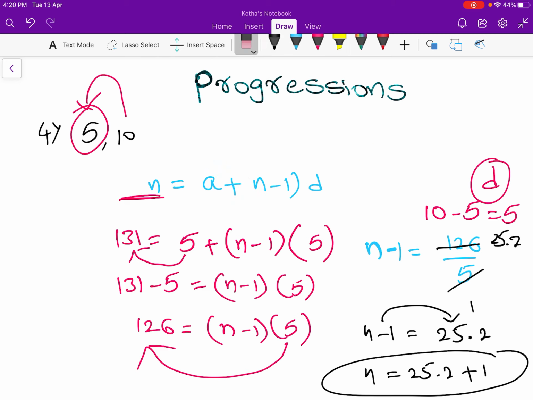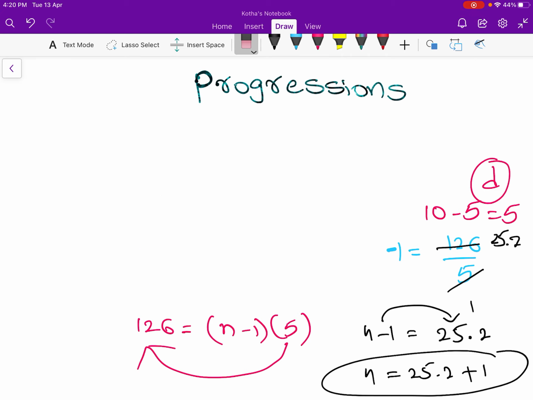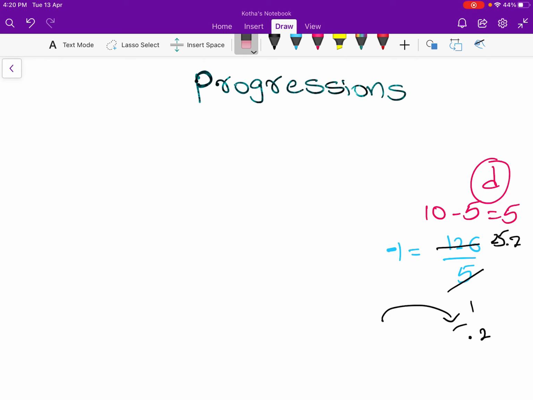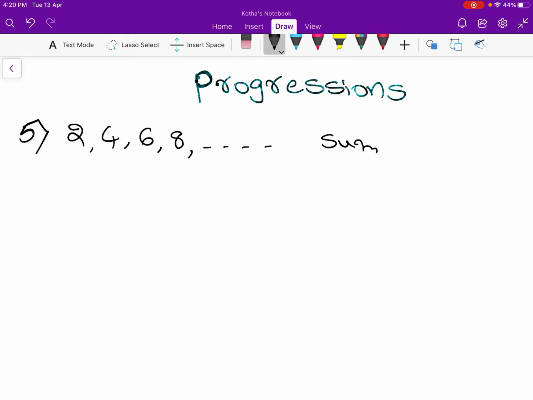Okay, let us check the next type of question, that is the sum of n terms formula. They will give a progression like 2, 4, 6, 8 and so on, and they will ask you to find the sum of 10 terms, otherwise the sum of 15 terms or sum of 30 terms, whatever it may be.